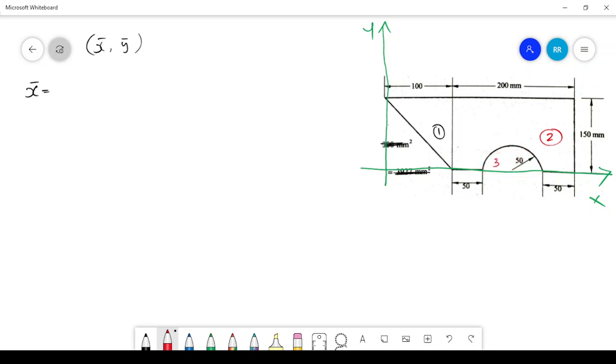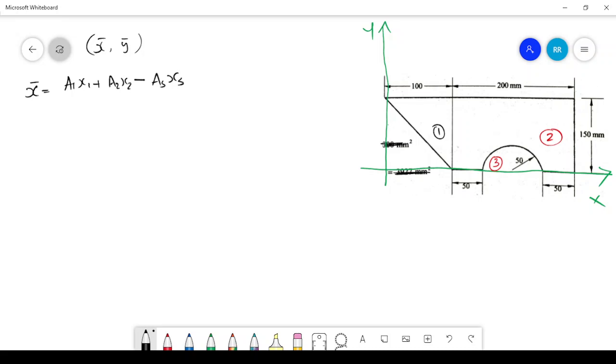So this might be the third area, right? But in this case, the whole surface consists of a triangle, a rectangle and a semicircle, but the semicircle is not a part of this area. We need to subtract the semicircle from the entire area. That means the formula will become x bar equal to a1 x1 plus a2 x2, it's not plus, we need to subtract a3 x3, because the semicircle is not a part of that area.